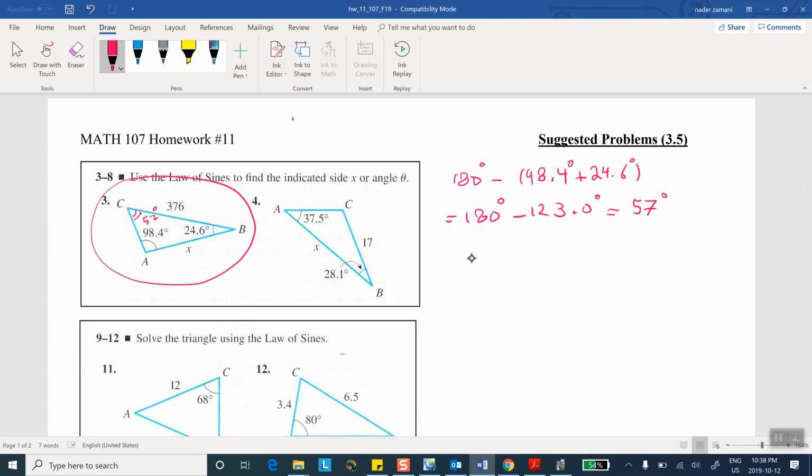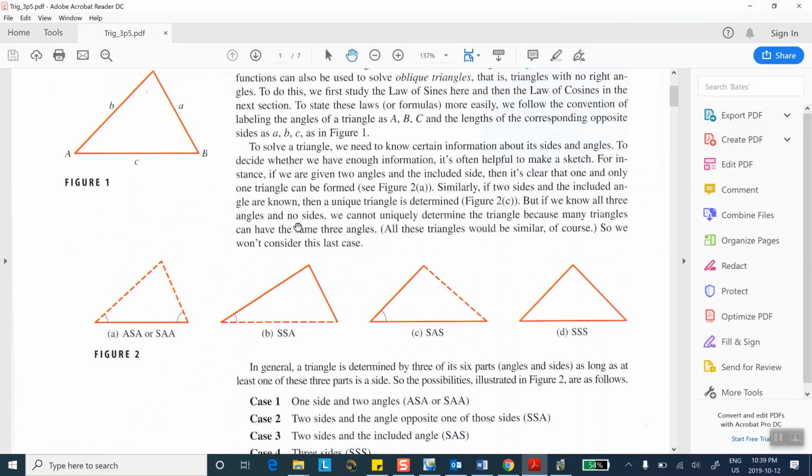And the law of sines says sine of 57 degrees divided by x is equal to sine of 98.4 degrees divided by 376. Now let me see, is this the way we wrote it in the textbook?